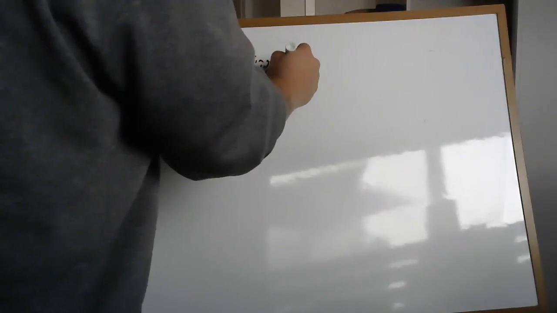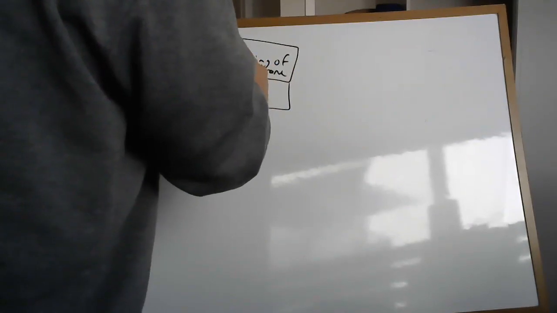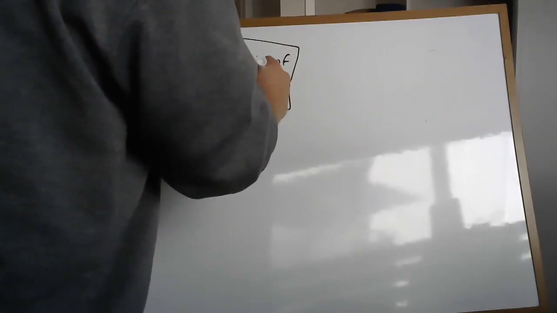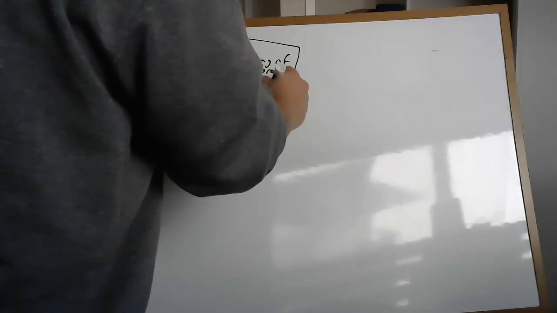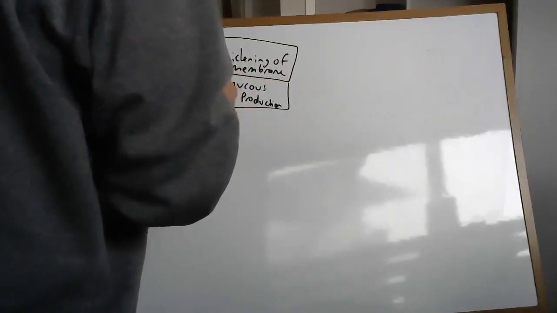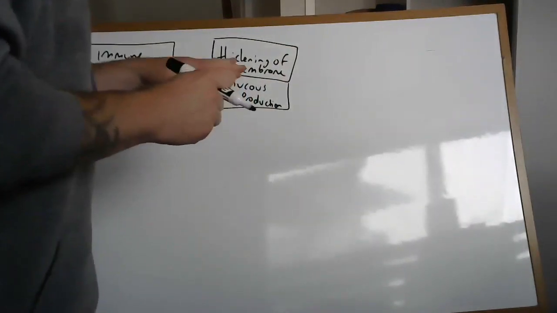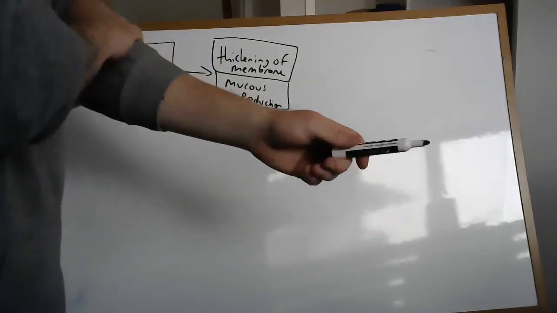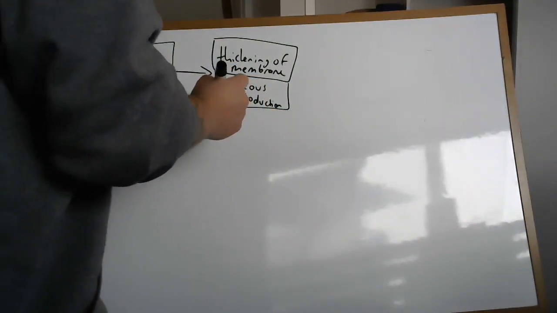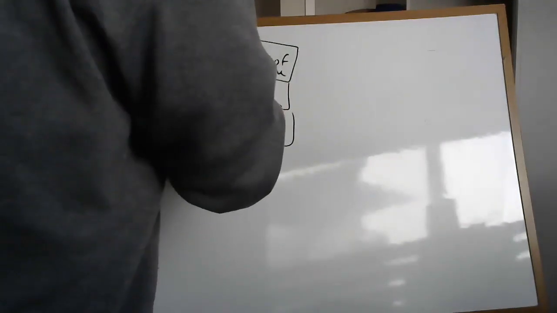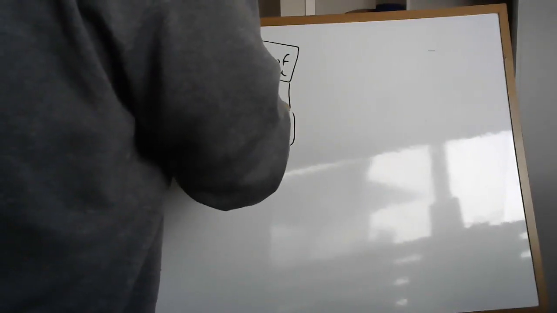So we then get mucus production. So what happens is all of the air that does eventually get through ends up getting trapped by the mucus. And we got bronchial constriction as well.